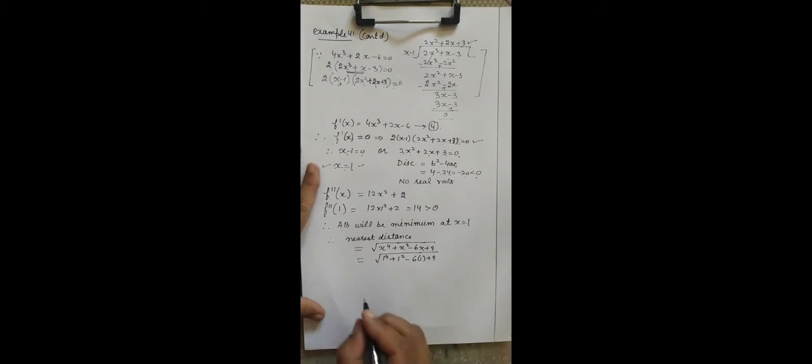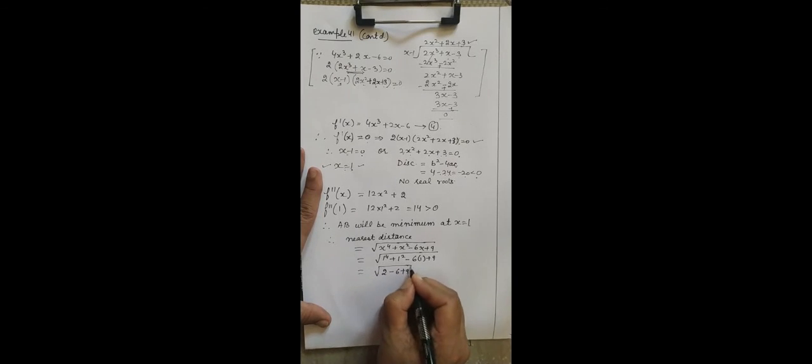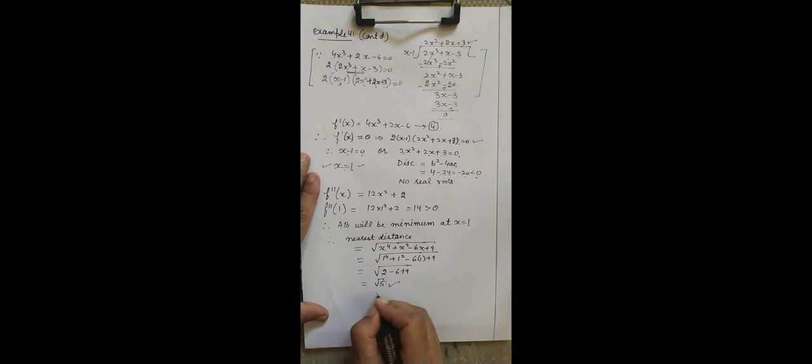So which will give me the result: 1 plus 1, 2, minus 6 plus 9, so it is 5. So my final answer is root 5, the minimum distance between the soldier and the helicopter. So this is the nearest distance.